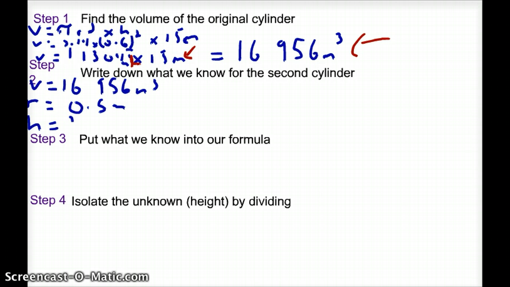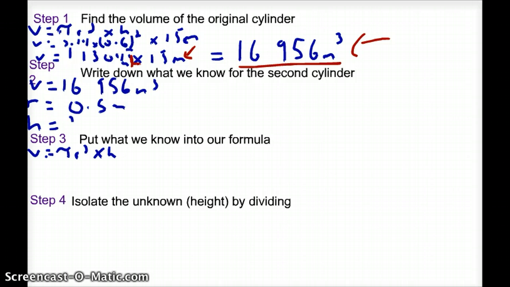So in order to find that height, which the whole question is asking, we've got to put what we know into a formula for step 3. So in step 3, we're going to write out our whole formula again, which is volume equals pi r squared times the height. We know volume, as I said up here, is 16.956.